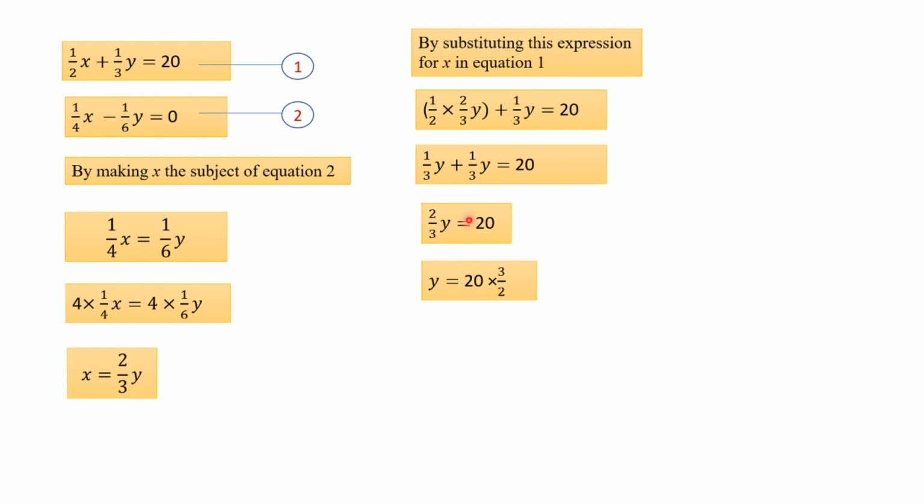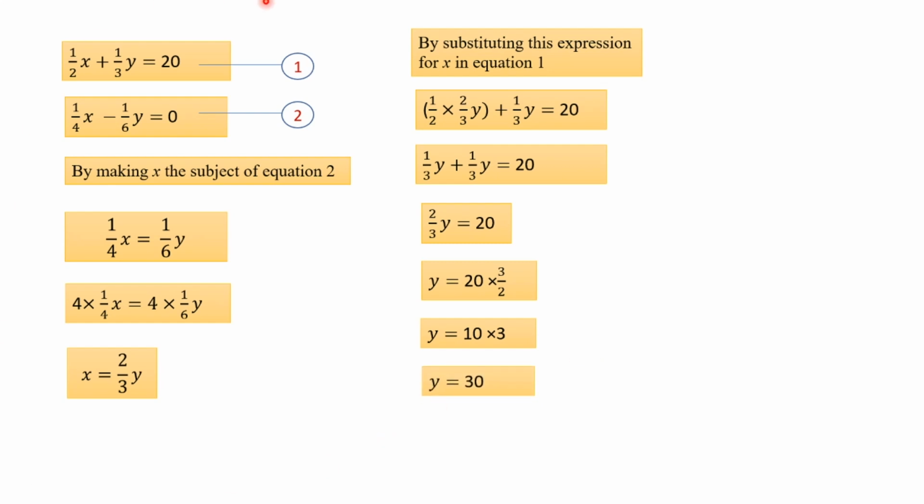That means you have to use cross multiplication. Division 3 brought to the other side becomes multiplication 3. The multiplication 2 brought to the other side becomes division 2. Then you can cancel out 2 with 20, it comes 10. Then 10 into 3, the final answer is 30.